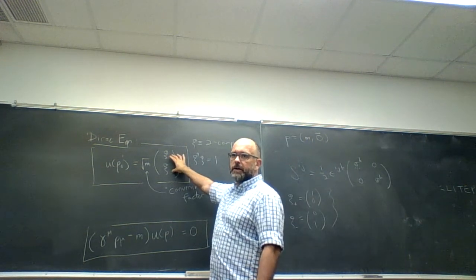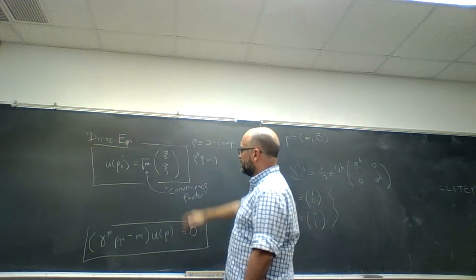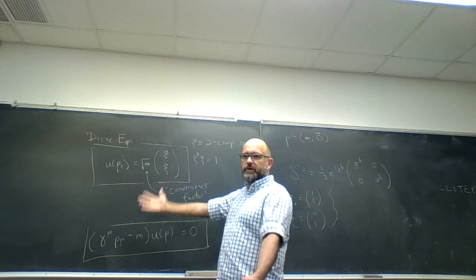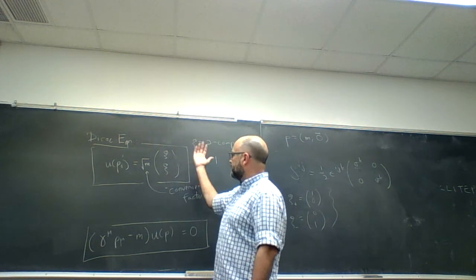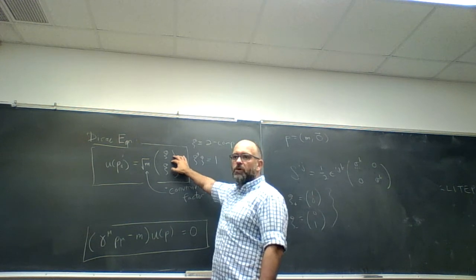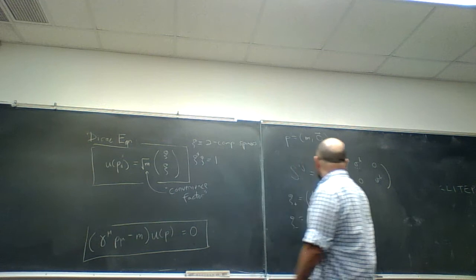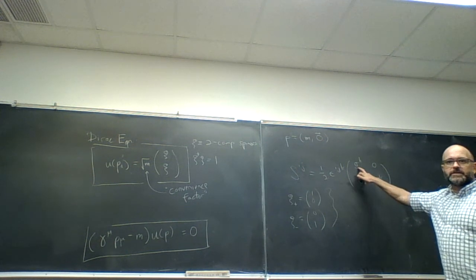We took the rest frame limit and found the solution is of this form. So we're at rest. Then we ask ourselves, how do these things transform under rotations? We look at the rotation generators and we see that they're made up of Pauli matrices.